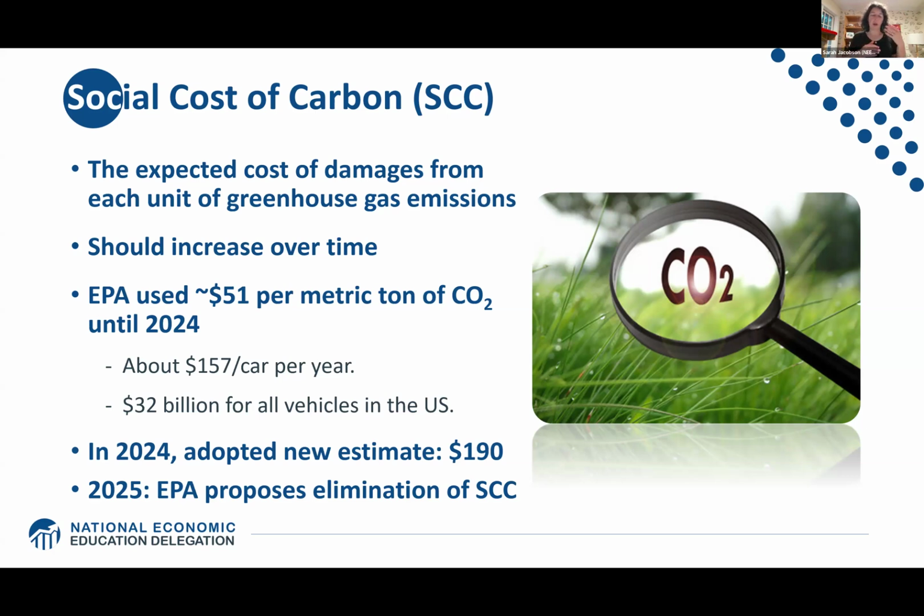There was an estimate that we were using for a long time, about $51 per metric ton of carbon dioxide, which was not nothing. It was a fair amount. It would be equivalent, if you were driving your car the amount that an average American drives, to incurring about $157 in costs per year.